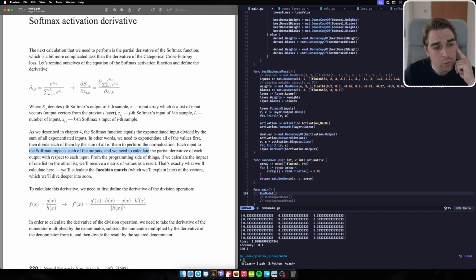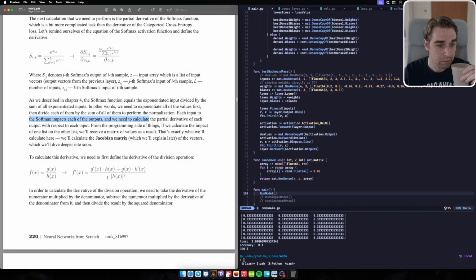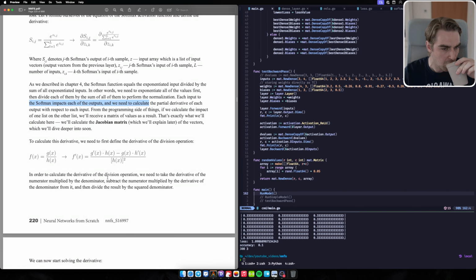That's exactly what we'll calculate in here. We'll calculate the Jacobian matrix, which we'll explain later, of the vectors, which we will dive deep into soon. To calculate the derivative, we need to first define the derivative of the division operation.